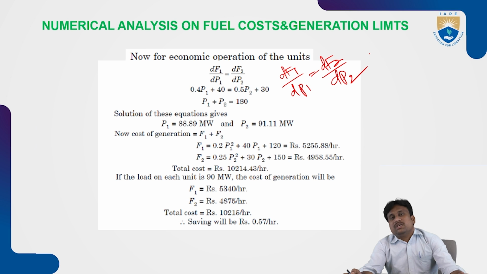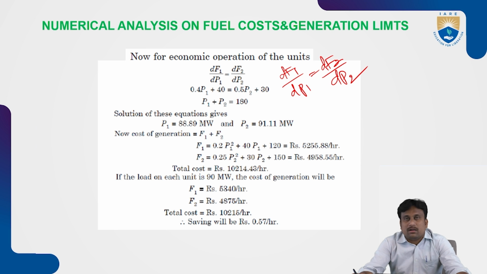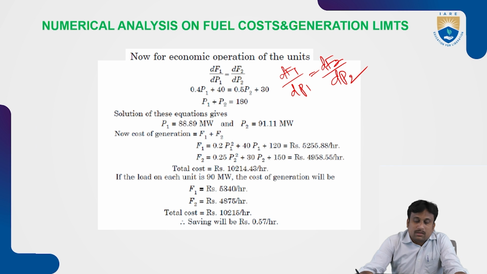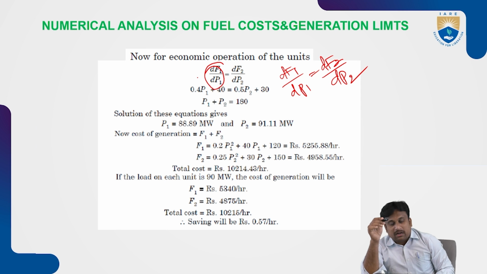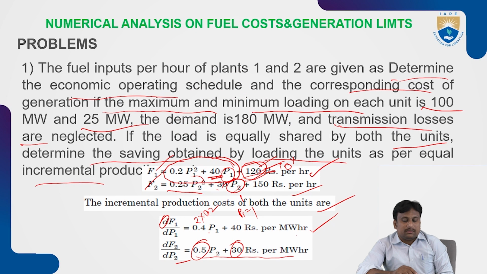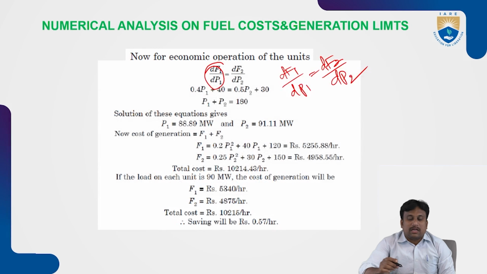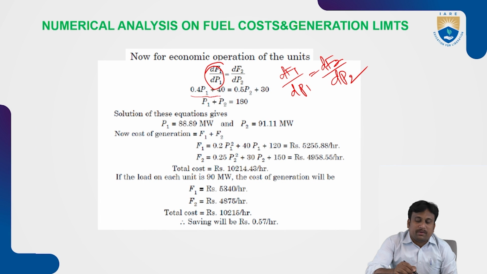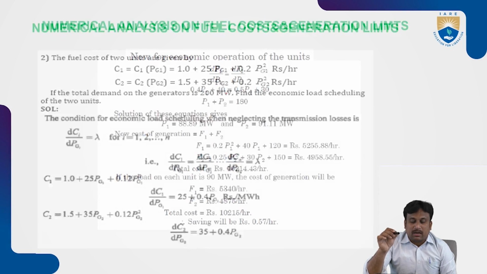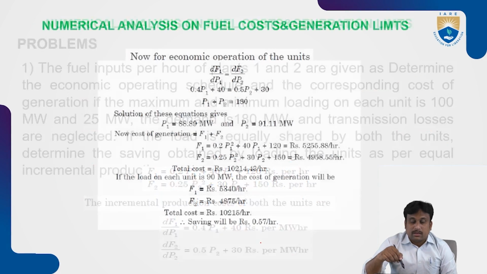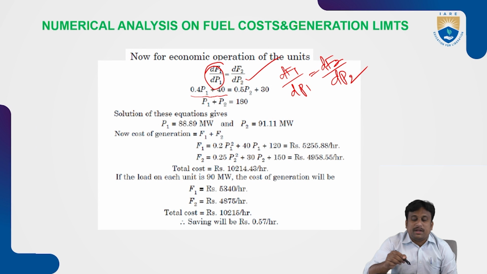This is because of economic operation of the two units considered together. dF1 by dP1 we already derived as 0.4 P1 plus 40 rupees per megawatt, and similarly 0.5 P2 plus 30 gives dF2 by dP2.